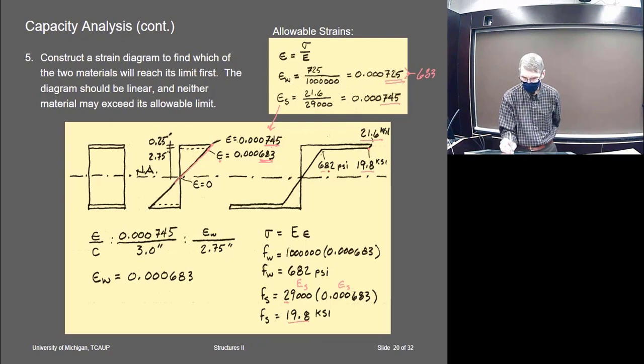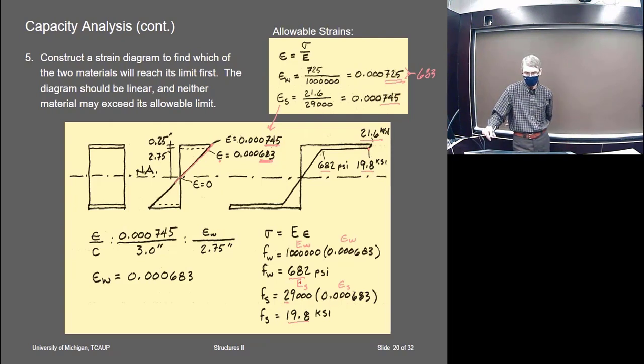And the stress in the wood would be this strain, right, that I calculated. Here's the E for the wood and the strain for the wood. And that gives me the stress in the wood. And the stress then does come out below, what was it, 725 I think was the limit for the wood.